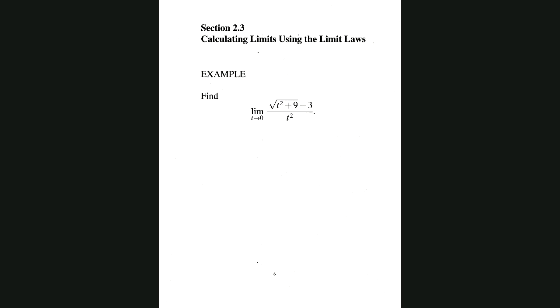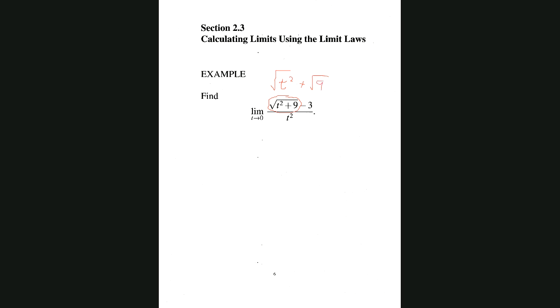Now I'm going to show you something. What Nicholas is doing is taking the square root of t squared plus 9 and writing it as the square root of t squared plus the square root of 9.